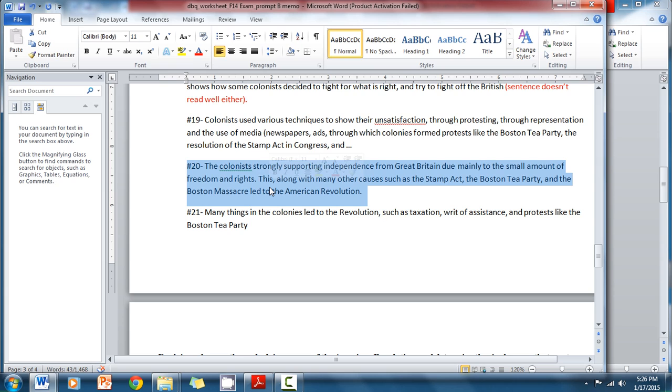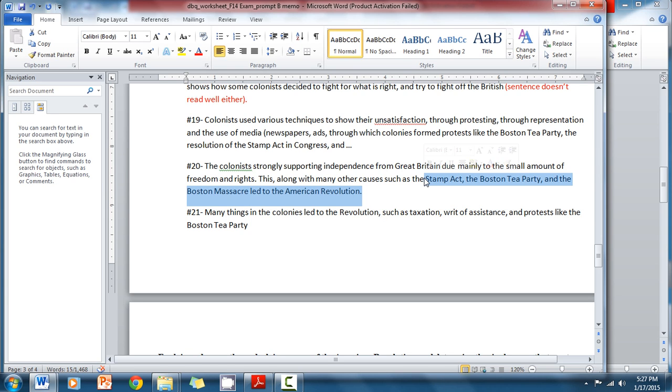Number 20: the colonists strongly supporting independence from Great Britain due mainly to the small amount of freedom and rights. This, along with many other causes such as the Stamp Act, the Boston Tea Party, and the Boston Massacre, led to the Revolution. All right, so you are referencing specific events here, and in the thesis statement you want to refrain from listing specific events. So reclassify these events.